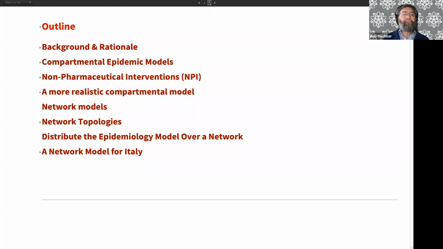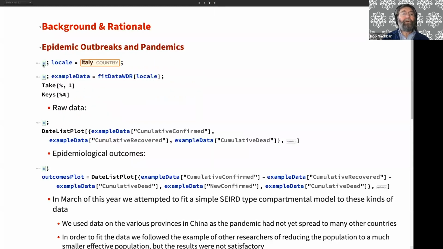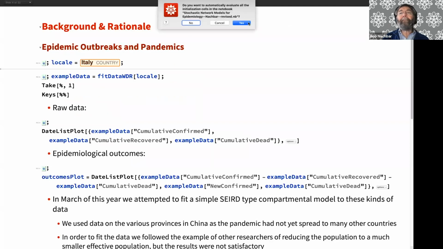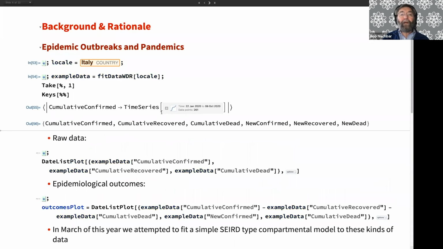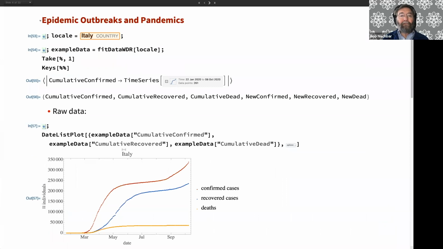Okay. So just quickly, yes, we want to initialize everything. We can load the data for Italy from the Wolfram data repository. And here we are, it comes out as time series, and we can plot the data.